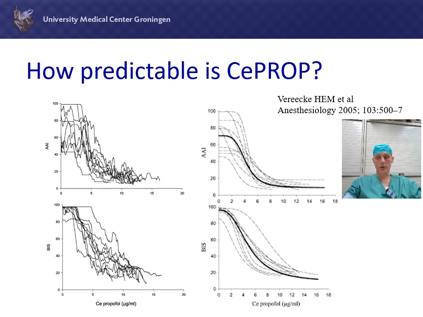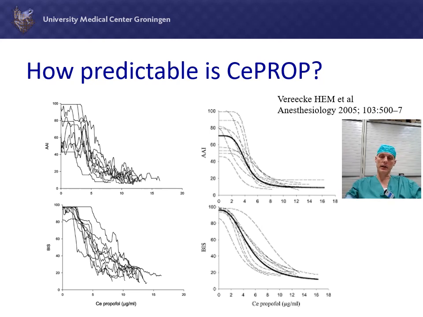From being fully awake, they went to deep anesthesia, and you see with increased propofol concentration that there's a consistent relationship with the average BIS in the population. It's a sigmoidal Emax curve, so there's a consistent dose-response relationship between your propofol concentration and the bispectral index.